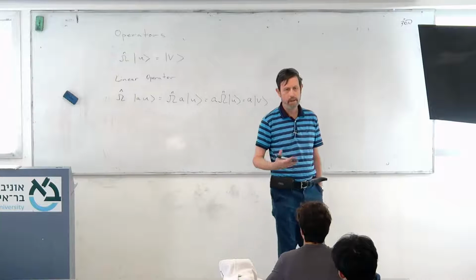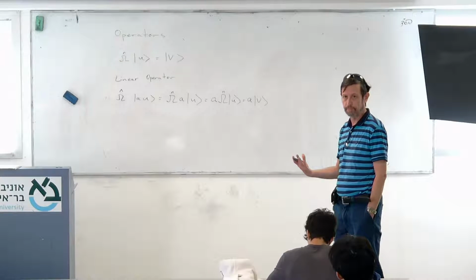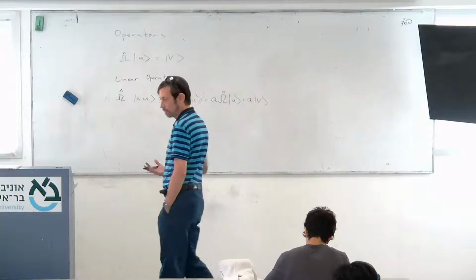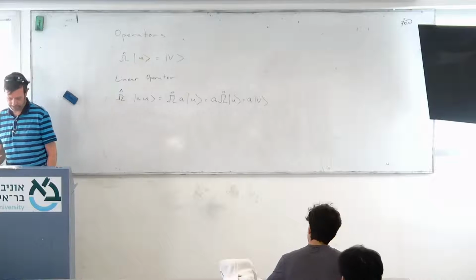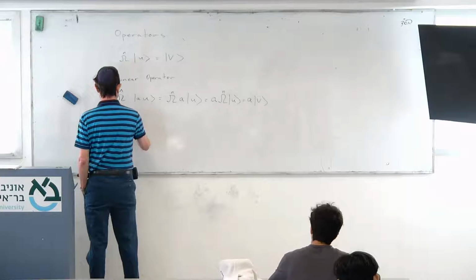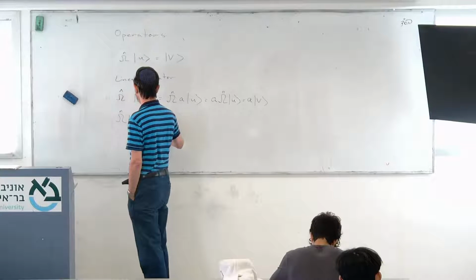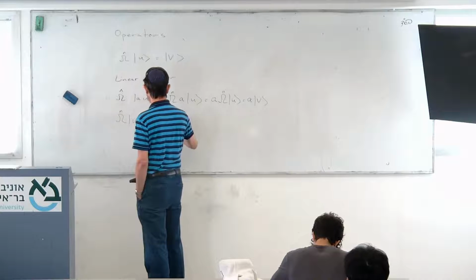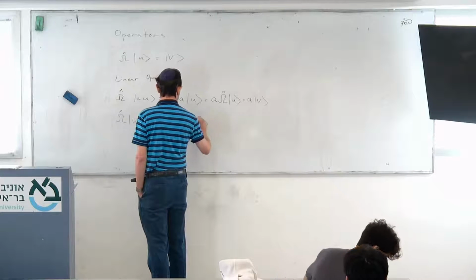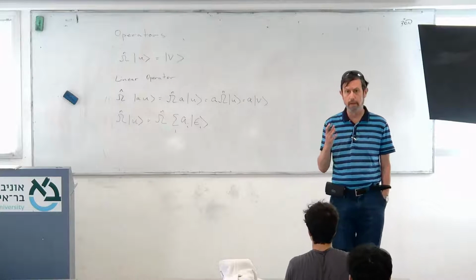If I use the operator on the vector A times U, where A is a scalar, I get A times V. So I rewrite the operator in some basis.